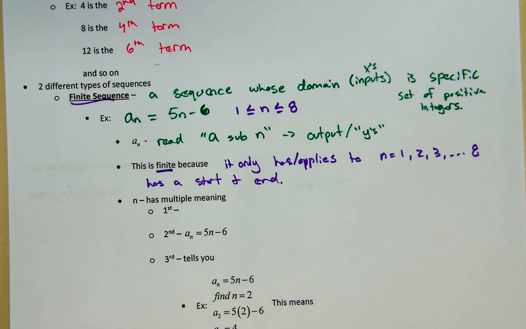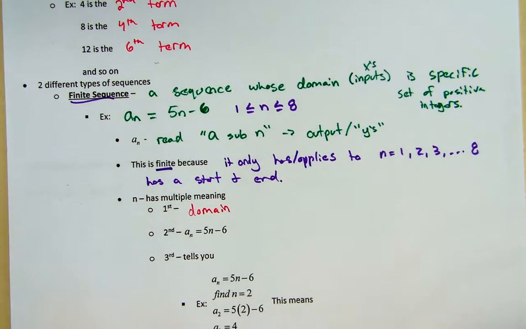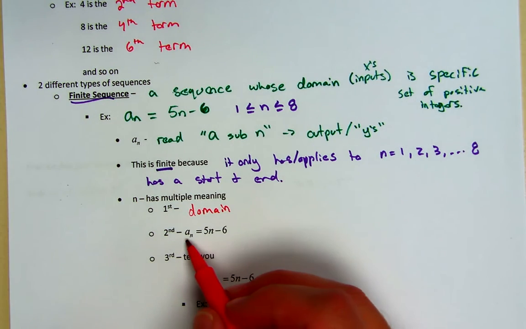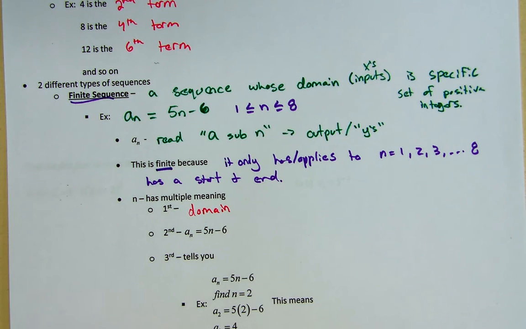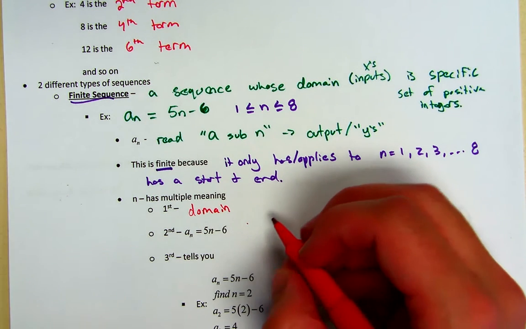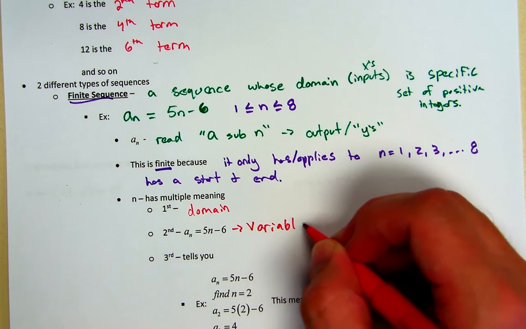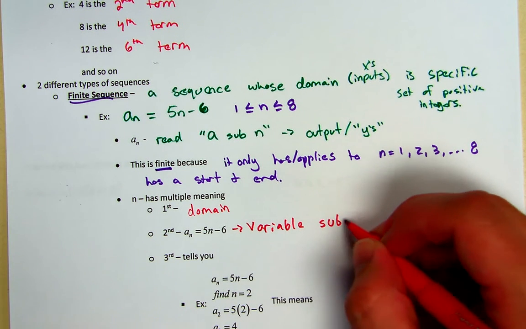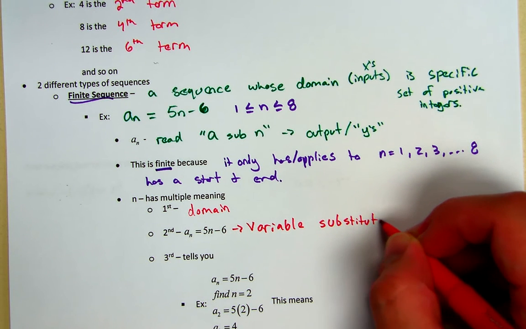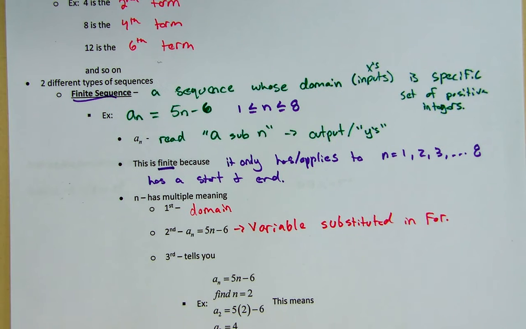So let's talk about n. N has multiple meanings. One, it can be the domain. So n can mean from 1 to 8, it's the domain. In terms of a sub n equals 5n minus 6, it's the variable that is substituted in for. So that's what we're actually substituting in for.